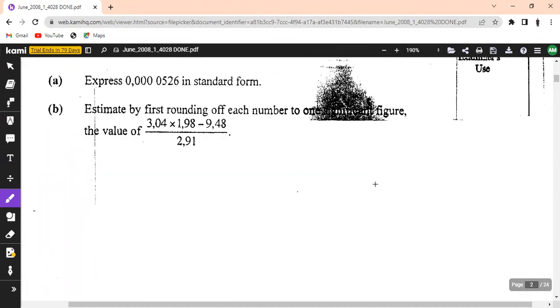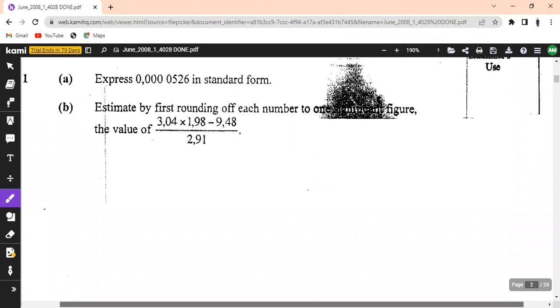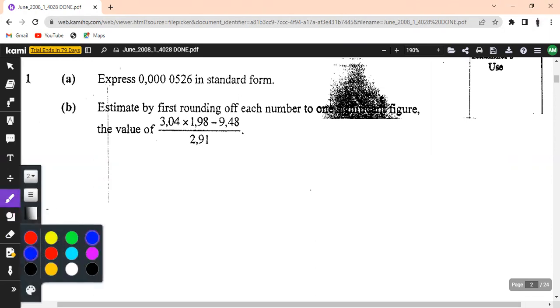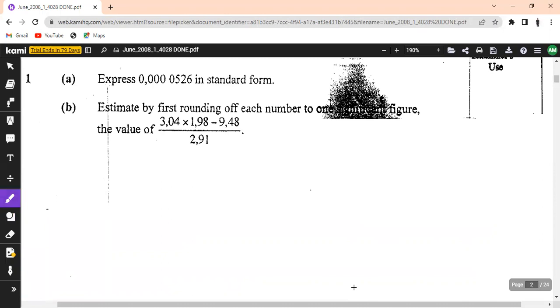And we are given the first part of the question, which is question number 1, to express the given number in standard form. As we know, guys, to express a number in standard form, we must have our number between 1 and 10. What can we do to make this number to be between 1 and 10? We just have to move the commas here.